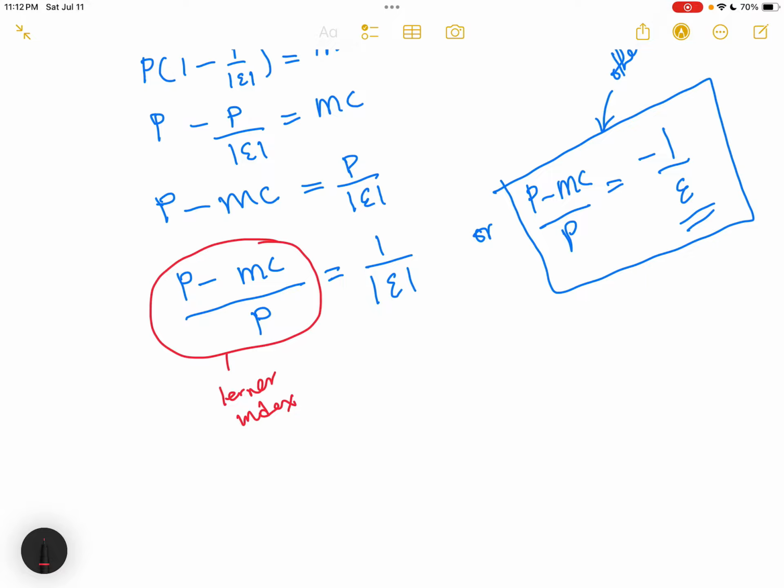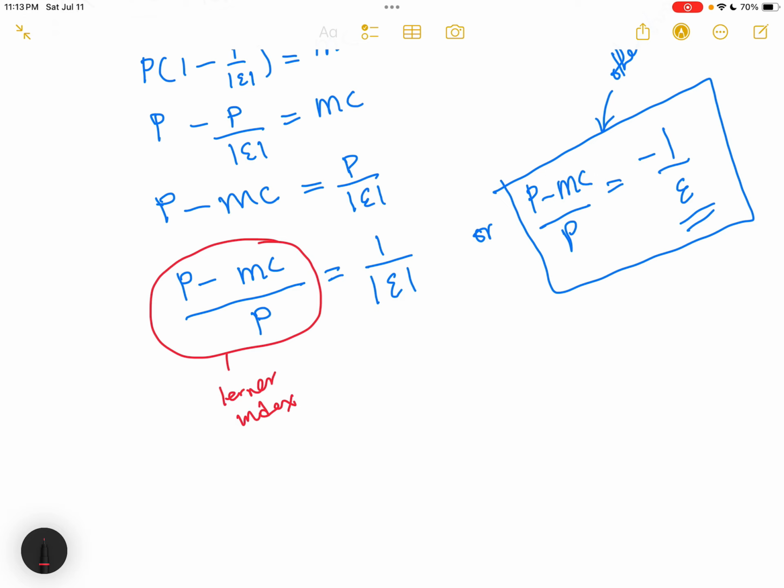A firm that has no market power, like in perfect competition, has zero market power, and so the Lerner index for perfect competition is 0, because price will equal marginal cost.